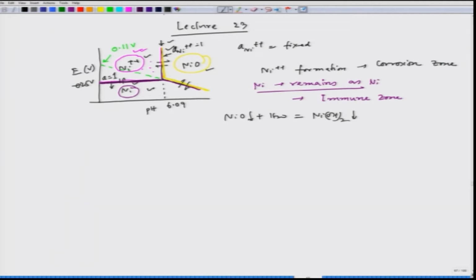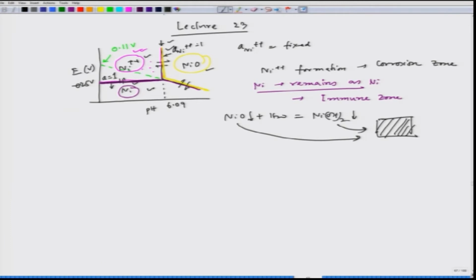On that substrate we have this particular phase formation, and then the nickel surface exposed to the water or electrolyte will be limited. So, the corrosion tendency of nickel will be sluggish.